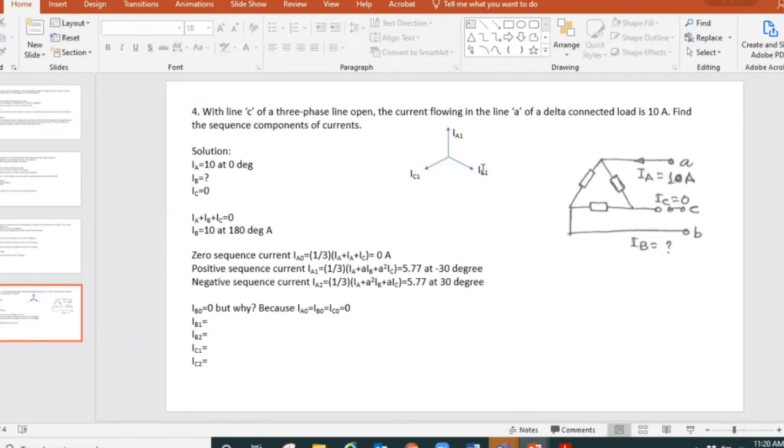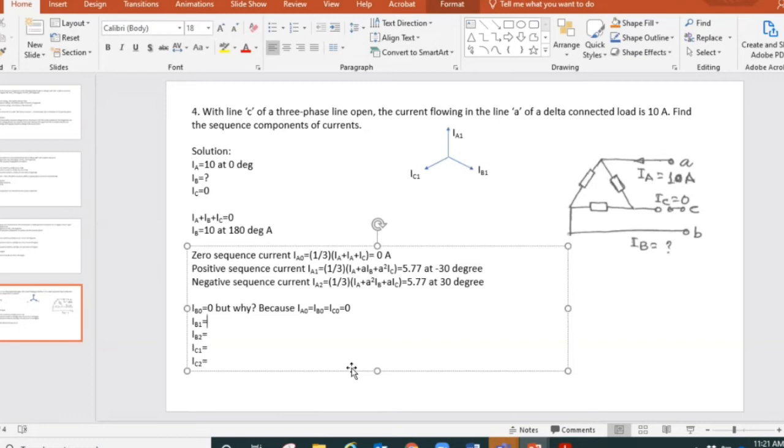What is the relationship between IB and IA? Because our reference is IA. Phase A is always the reference. Now in terms of the angle from IA it is 240 degrees. So IB1 is A squared IA1.